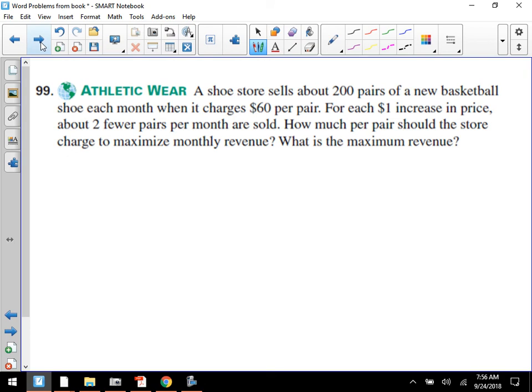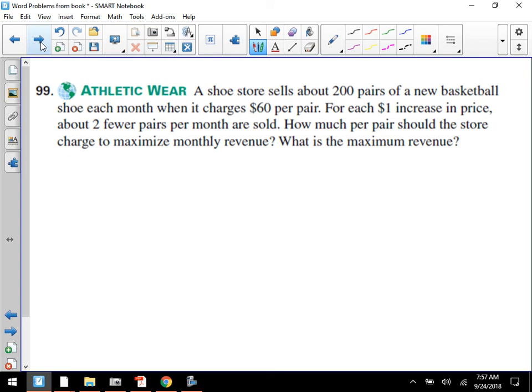So this is a very common style quadratic. You have sales, and then you have price increases and sale figures that decrease. A shoe store sells, I can't say that quickly, like seashells by the seashore.